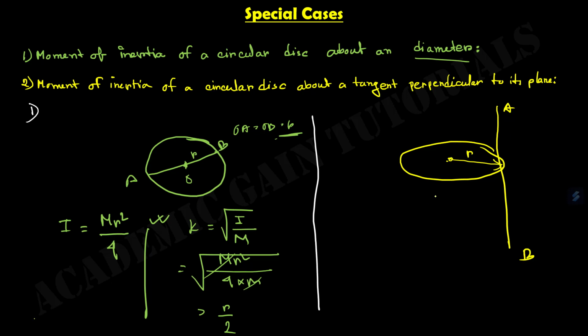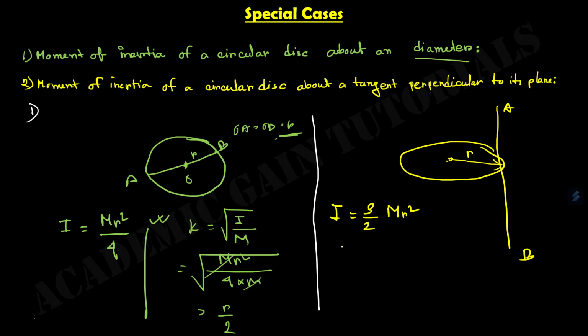That means our disc is rotating about this AB axis. In that case, our moment of inertia I will equal 3 by 2 m r square. For the second case, our moment of inertia is 3 by 2 m r square. I don't prove the whole situation, but remember the moment of inertia and the radius of gyration of these two cases.